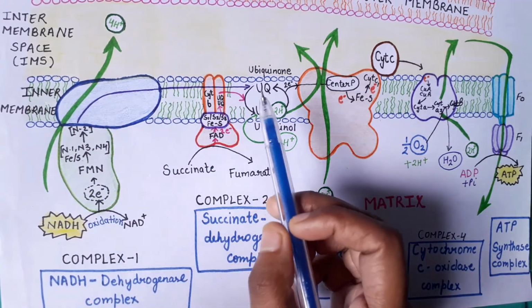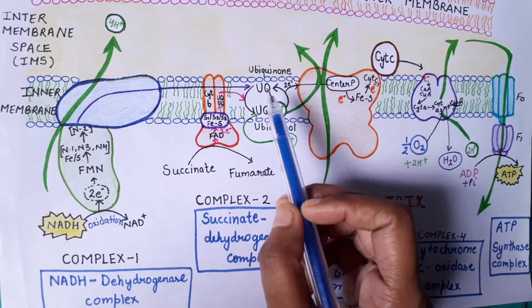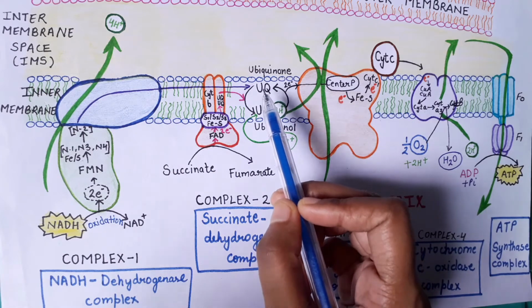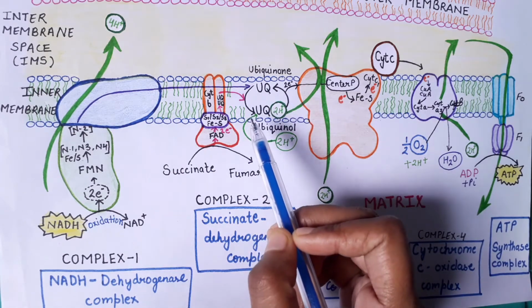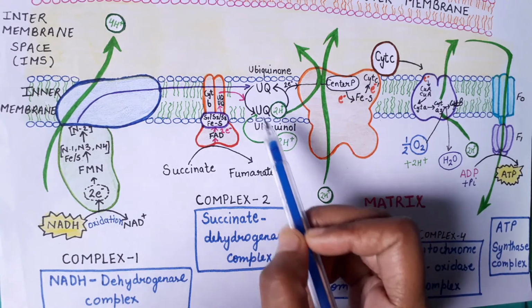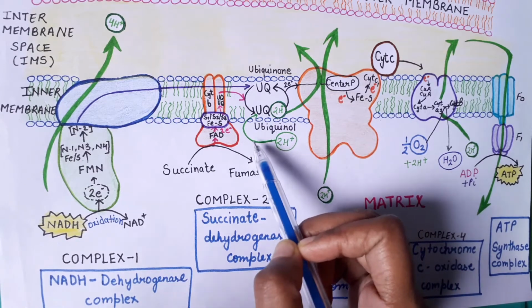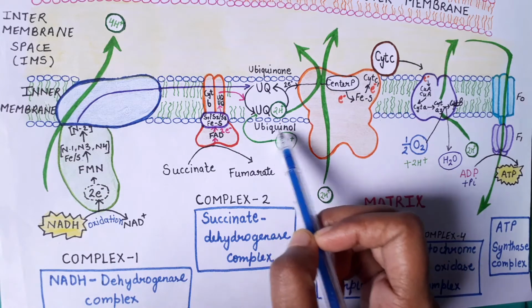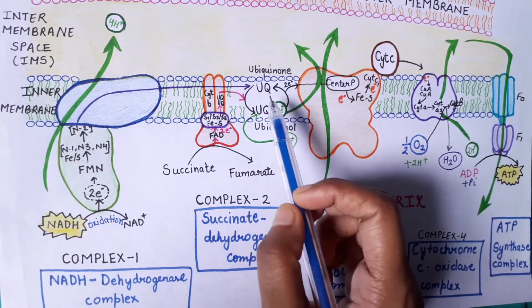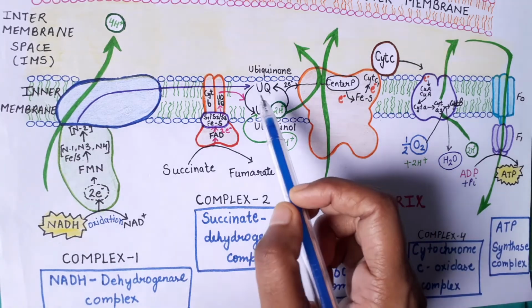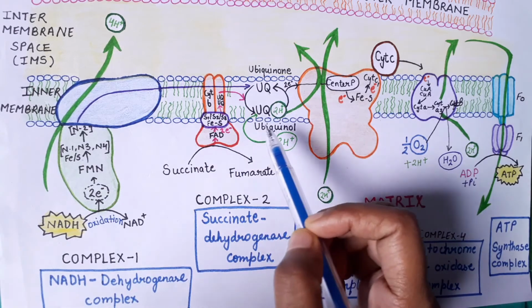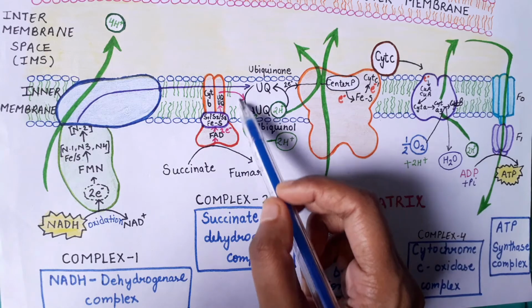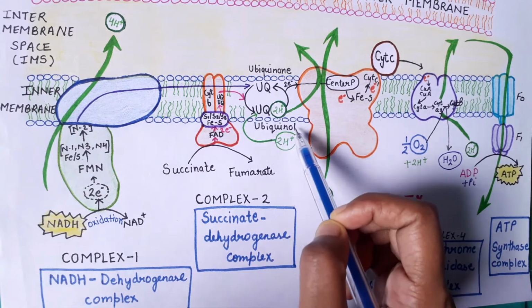Okay, now as soon as the ubiquinone accepts 2 electrons, it gets converted into ubiquinol. It takes 2 protons from the matrix and gets converted into ubiquinol. So when ubiquinone accepts 2 electrons as well as 2 protons from the matrix, it gets converted into ubiquinol.